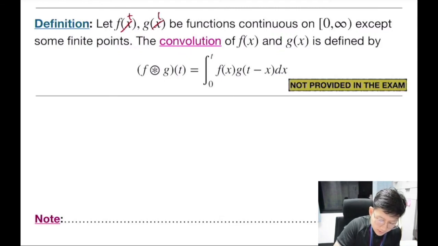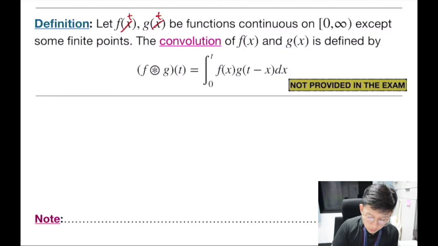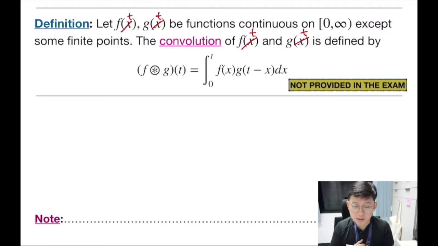The convolution of f(t) and g(t) is defined by (f star g)(t), which is the integral from 0 to t of f(x) g(t minus x) dx.